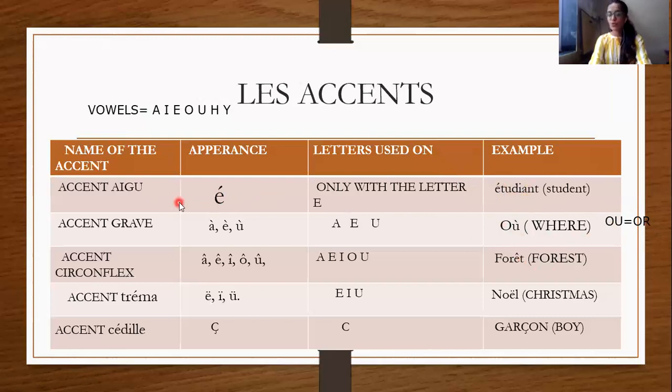So let's move on to the next accent. It's accent circumflex. People find this name a bit difficult, so I have come up with a great way to remember it.